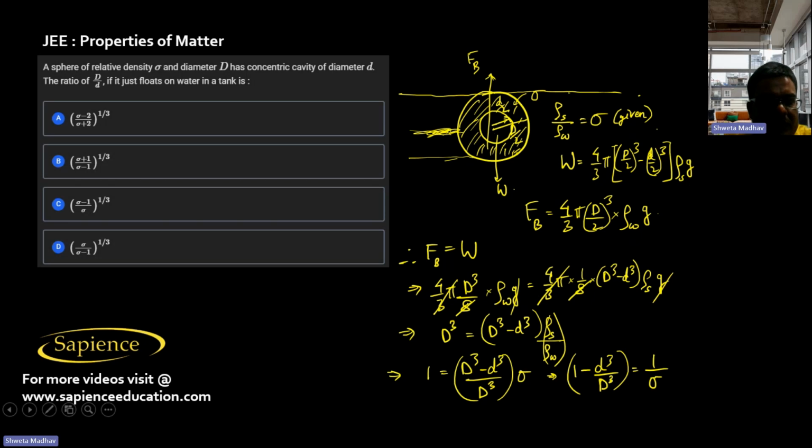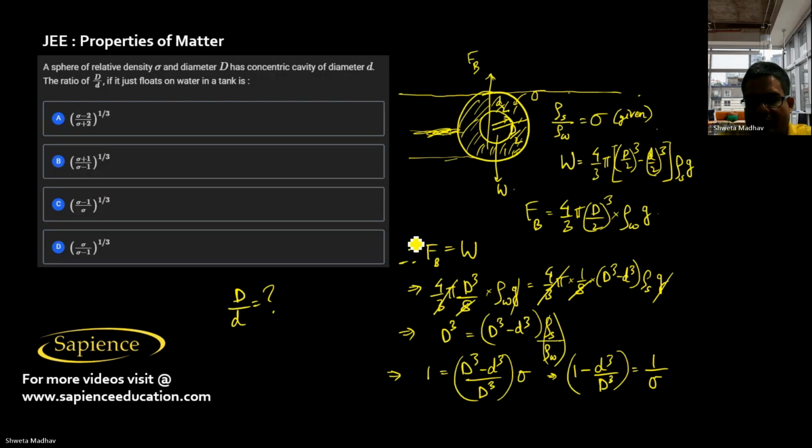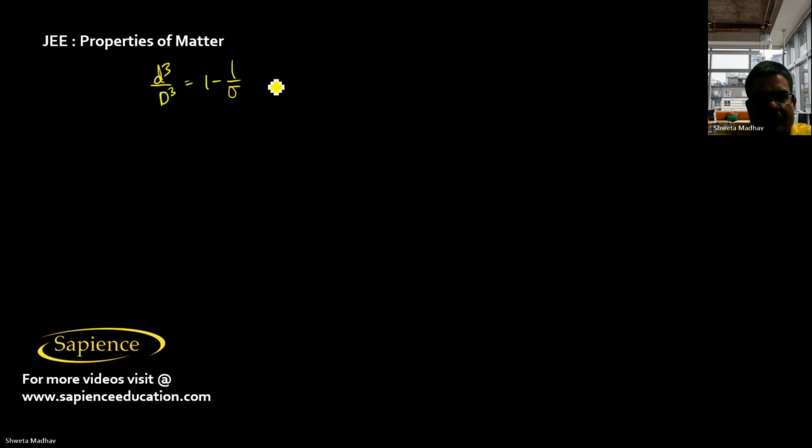Now the ratio of d by d that we have to find out. Ratio of d by d has been asked. Now from here we can see that d cube by d cube is equal to 1 minus 1 by sigma, so which means it is sigma minus 1 by sigma.